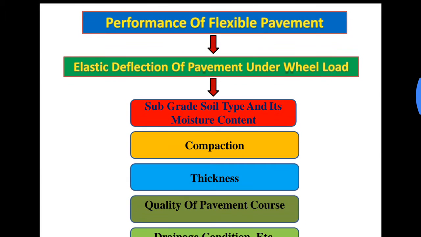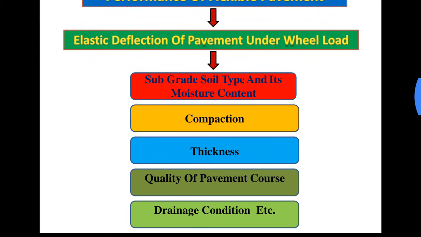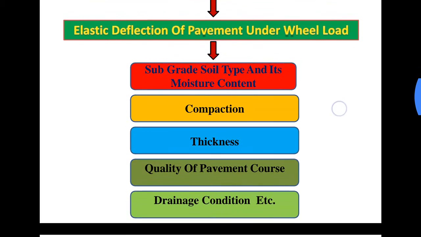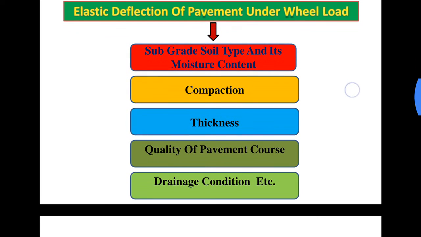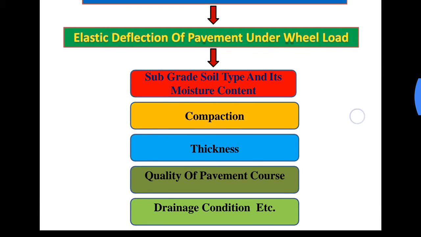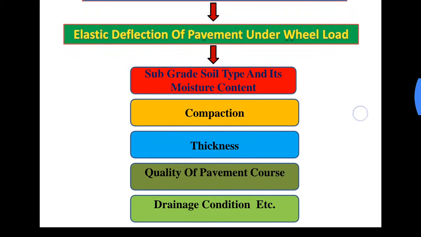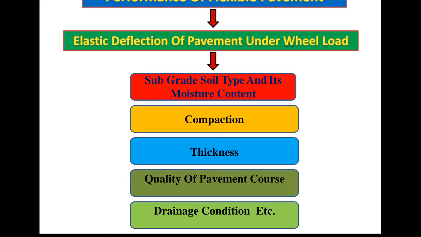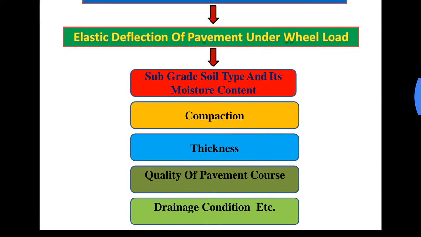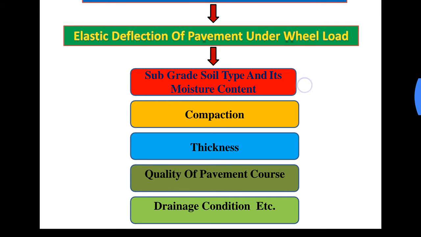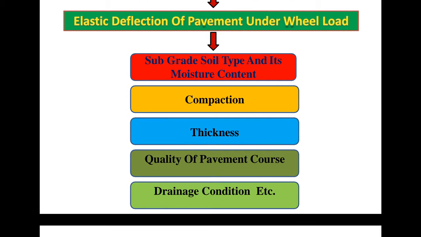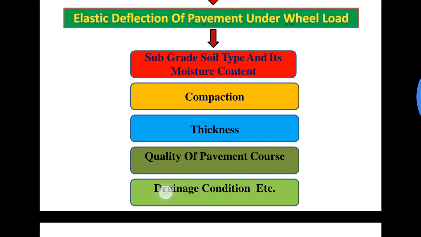If it is weak, if the flexible pavement does not come back to its original shape or original form, to the minimum degree required, then we can say that the pavement is losing its efficiency. Now, the elastic deflection of pavement will depend on subgrade soil, its type and the moisture content, compaction, thickness, quality of the pavement course and drainage conditions.